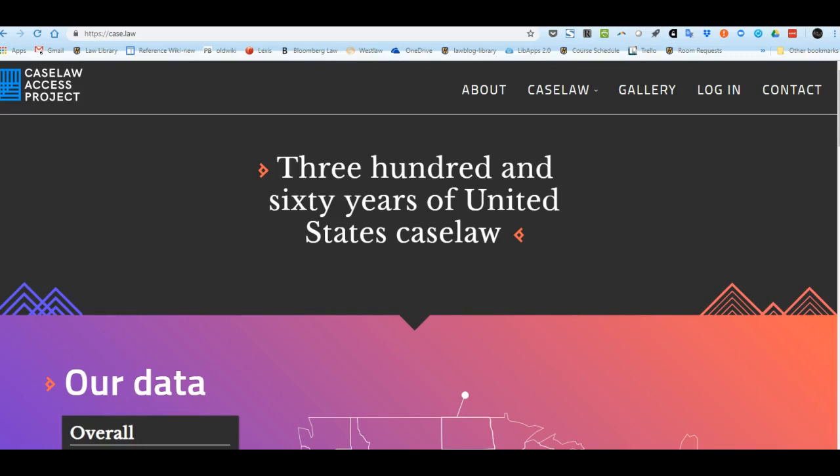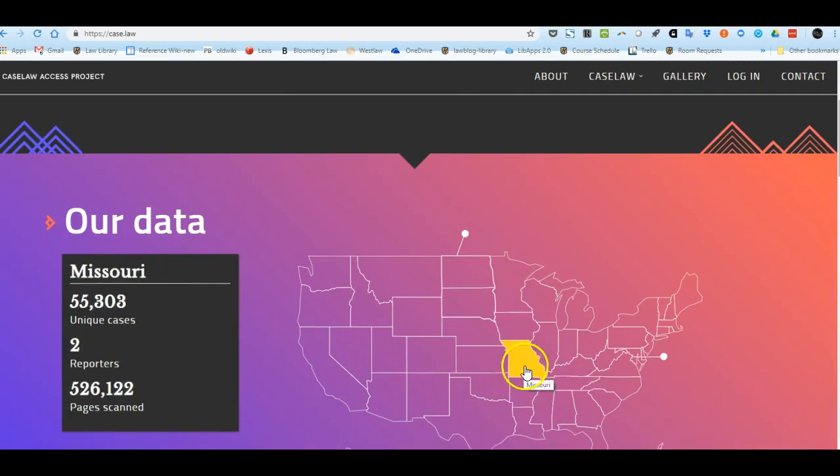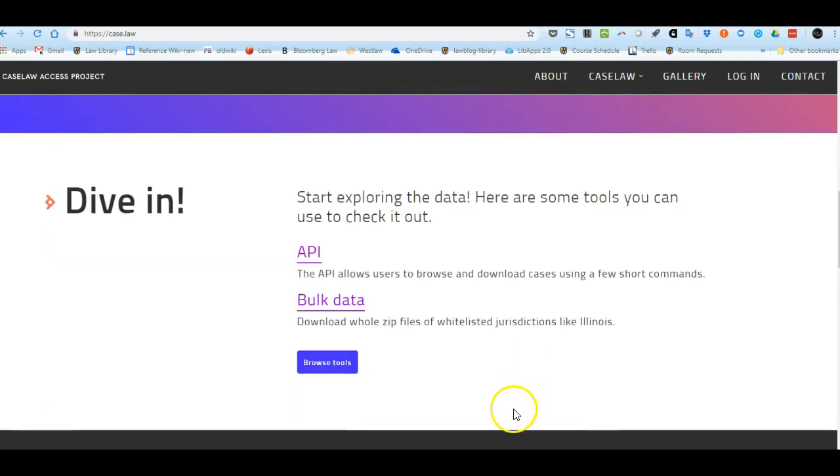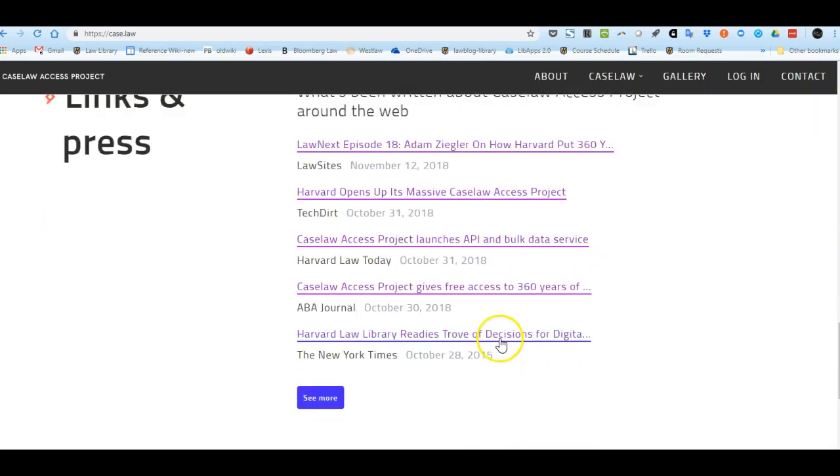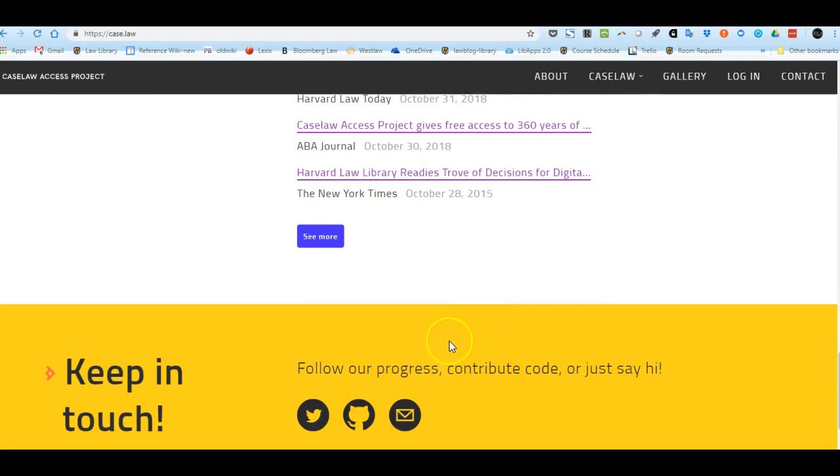And they're making them available basically to programmers to do interesting things with them. So as I said, right now I don't know that it's particularly useful, but they are talking about ways of creating word clouds and all sorts of other funky case research tools. So as I said, worth watching.